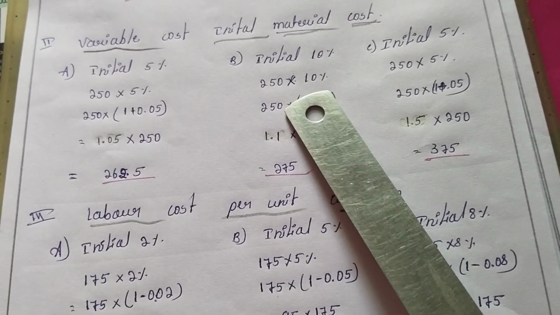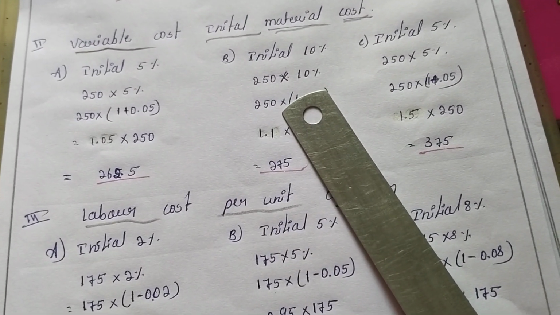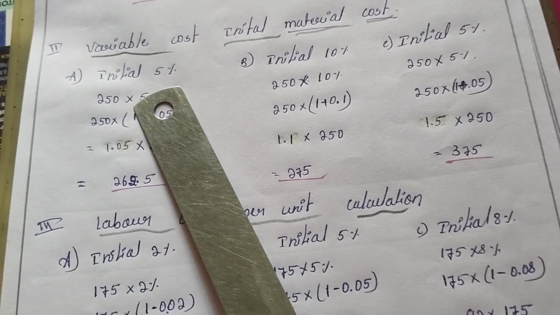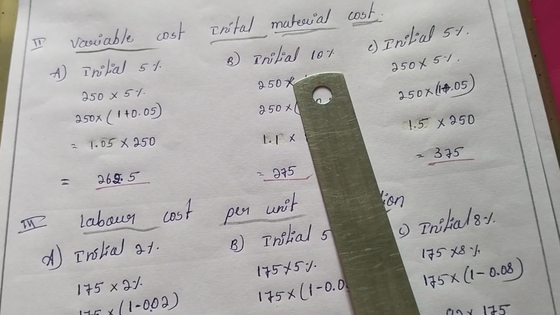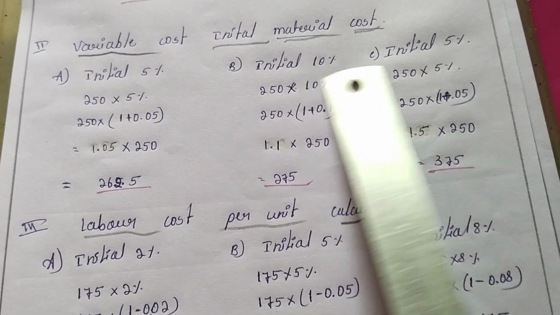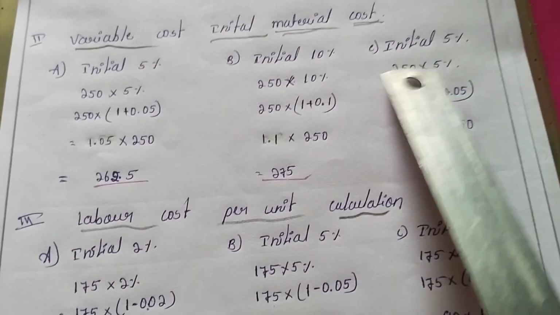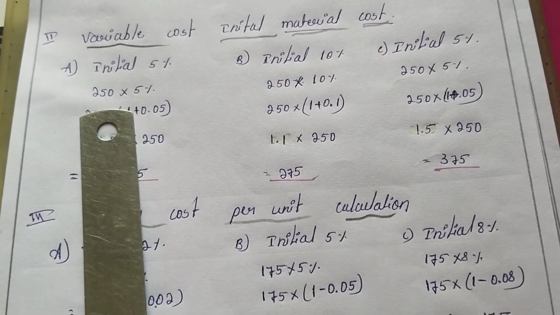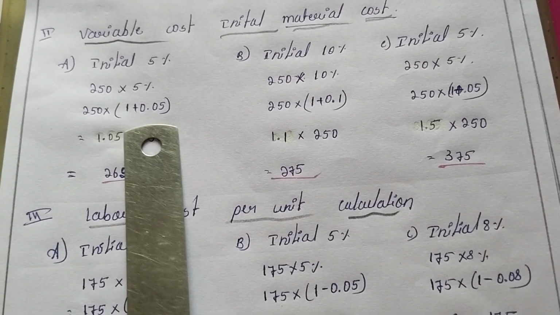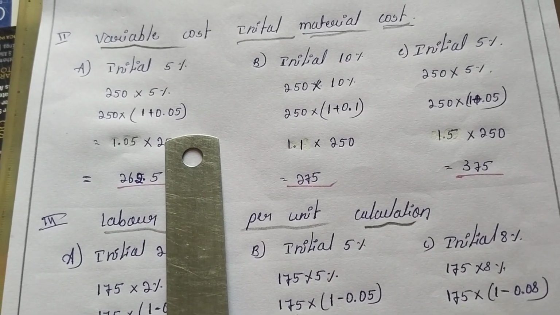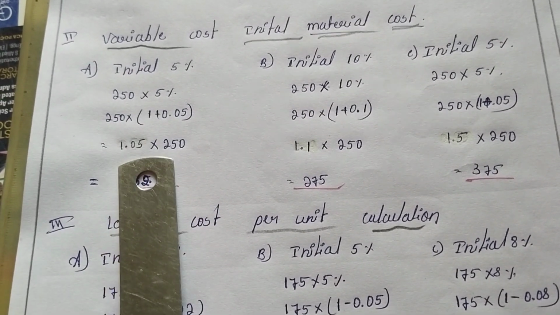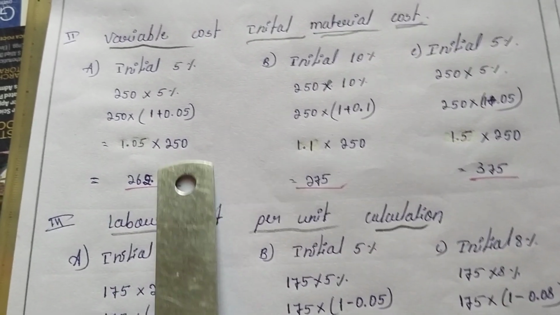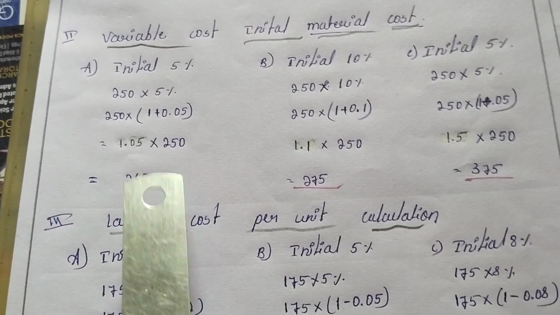In the problem, at 60% capacity the material cost increased by 5%, so we take it as a 5% increase. 250 is the material cost. 250 into 1 plus 0.05, 1.05 into 250, we get 262.5, the increased material cost.